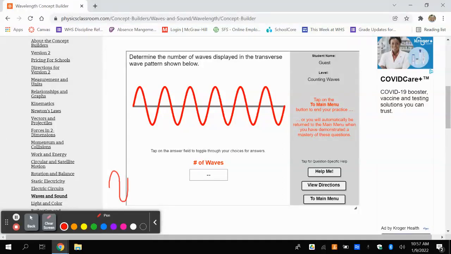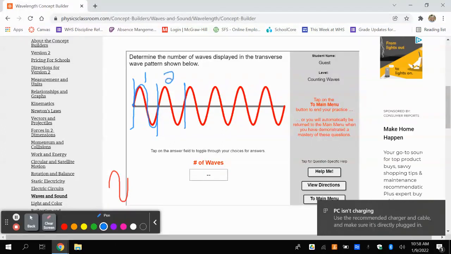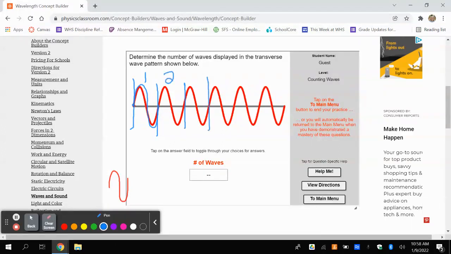So if we look through here, the easiest way to do it is we're starting at this point right here. And I'll switch colors here so it's a little bit easier to see. We're starting at this point right here, and we have a crest and a trough. So that right there is one wave. We have a crest and a trough, there's a second wave, a crest and a trough, there's a third wave, 4, 5, 6.